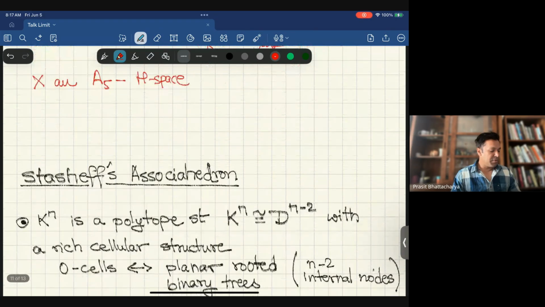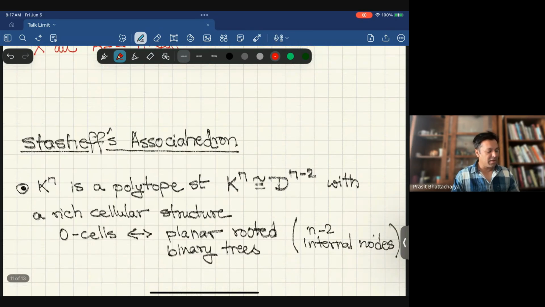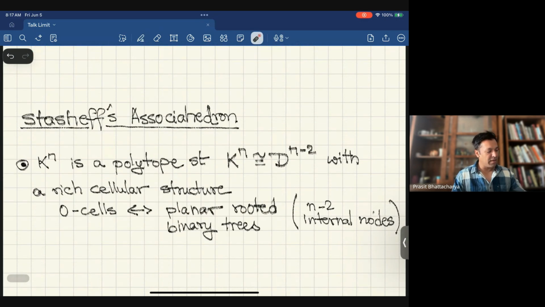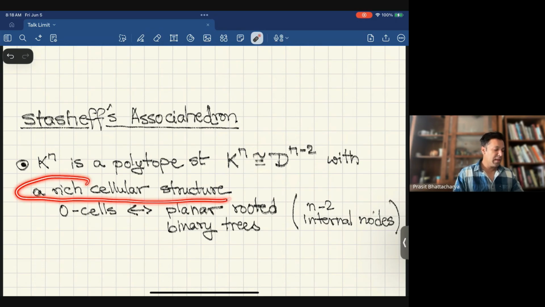So these polytopes are called Stasheff associahedra, and in general you can define one for each n, and they are actually homeomorphic to a disk of dimension n-2 and have a very rich cellular structure.